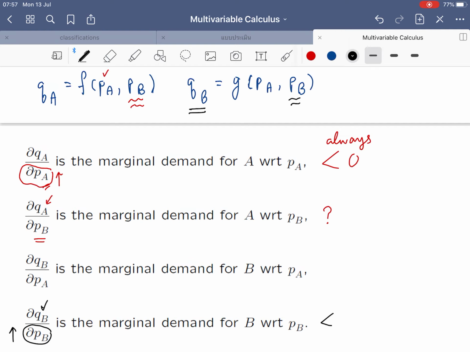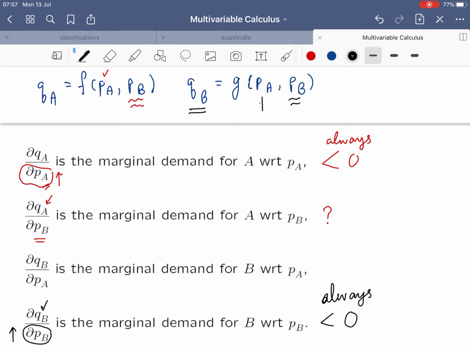Of course, this one will be decreasing, always negative. This is what we know from the meaning of the demand depending on the price.